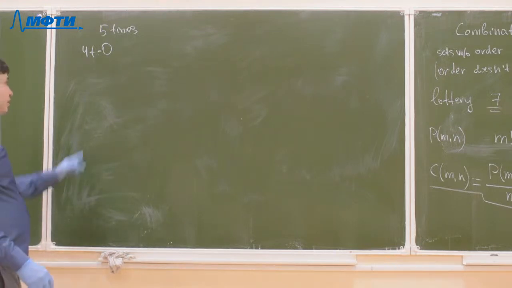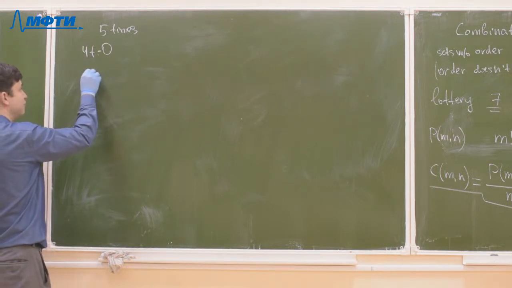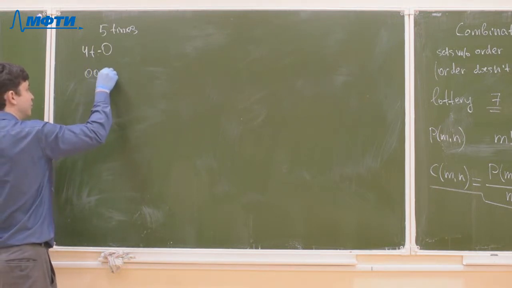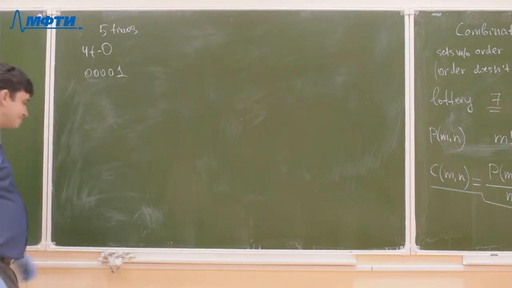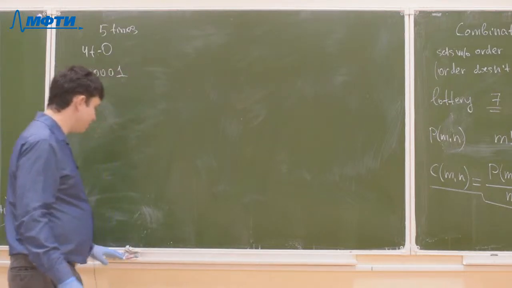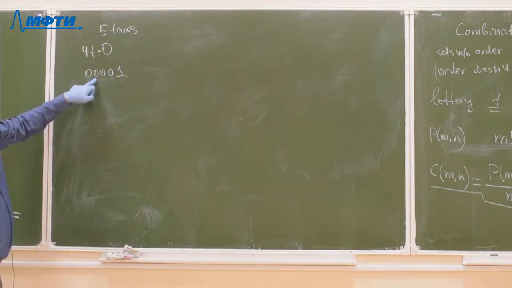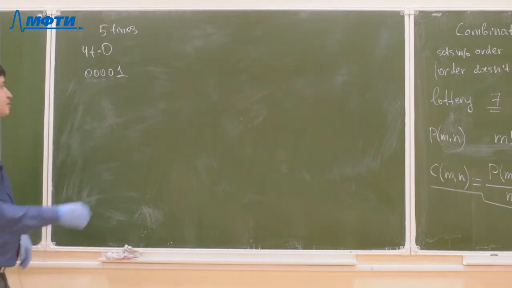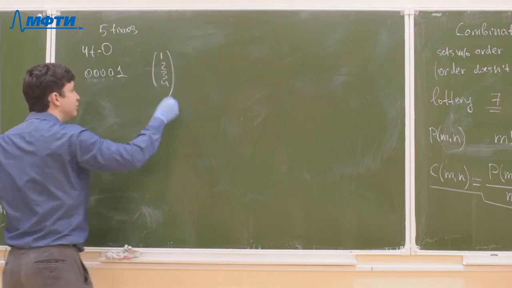In order to calculate this, we need to calculate the number of sequences of 5 zeros and ones which contain exactly 4 zeros. Each of these sequences can be described by the positions occupied by the zeros. For this sequence, zeros occupy positions 1, 2, 3, and 4.